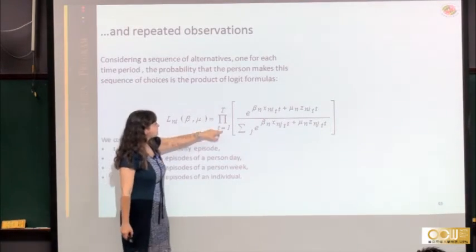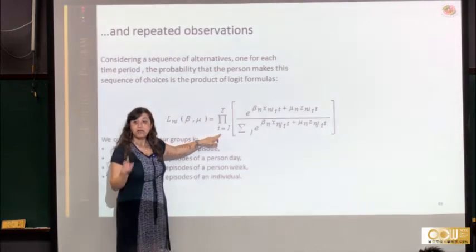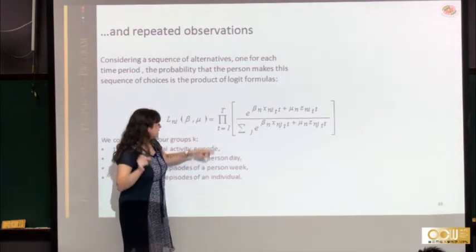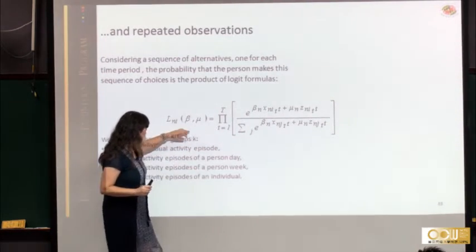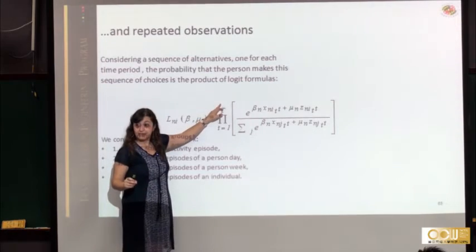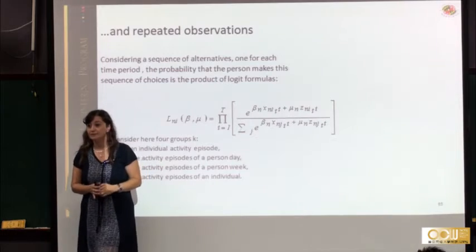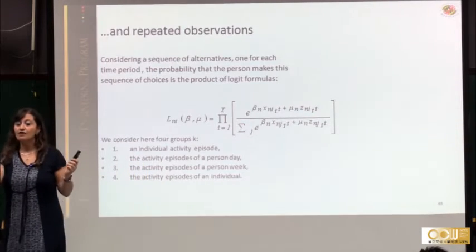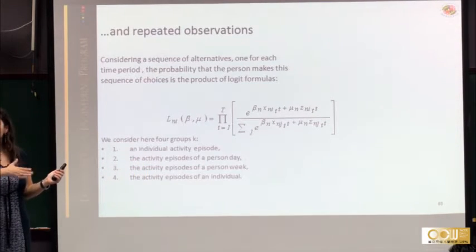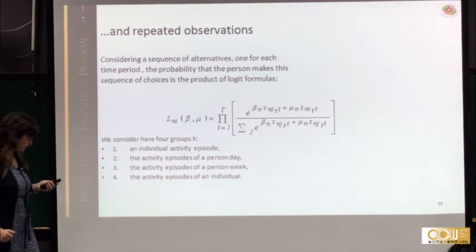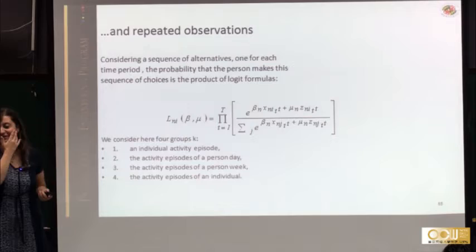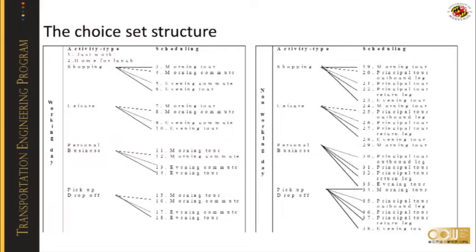In a second attempt, in this sequence, I have all the activities in a day. In the next one, I have all the activities in a week. And on the third one, I have all the activities for the individual, right? So T varies from being 1 to being all the activities in a day, in a week, and per individual. They are separate models, yes. So this is about the correlation.